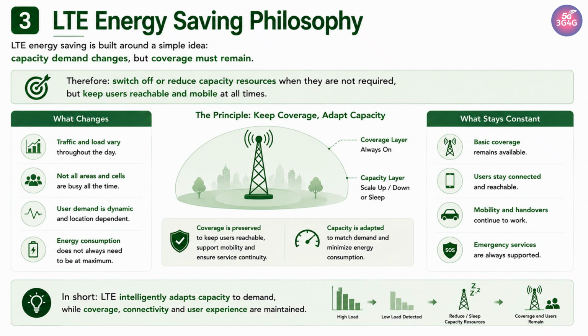This is why many LTE energy saving mechanisms use the idea of a coverage layer and a capacity layer. The coverage layer stays available. The capacity layer can be reduced, muted, or switched off when demand is low. In short, LTE tries to adapt capacity to demand while preserving coverage and service continuity.